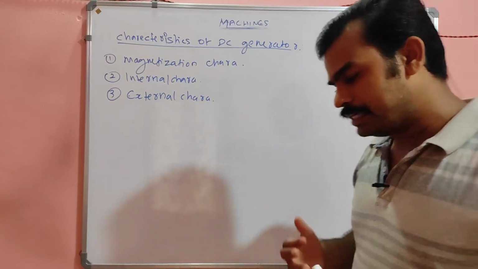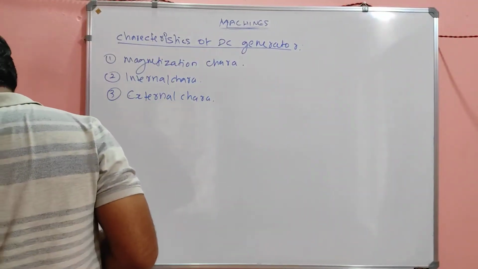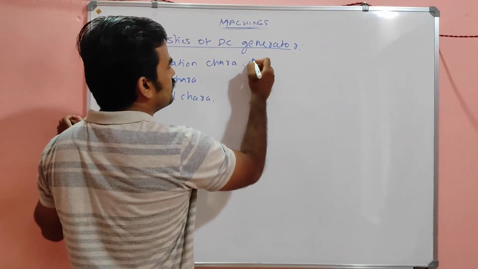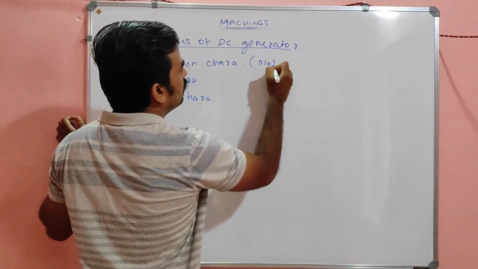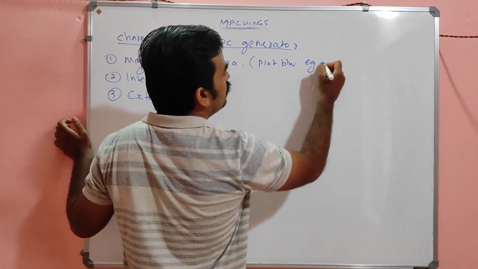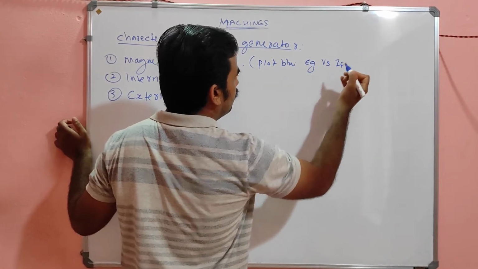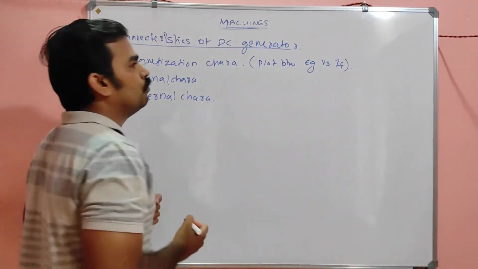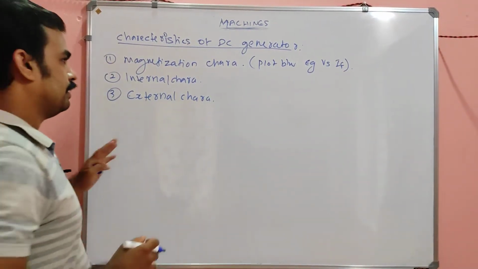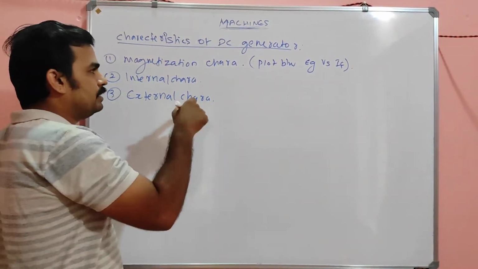So let's see what is meant by internal characteristics, or sorry, magnetization characteristics. Magnetization characteristics is nothing but a plot between generated voltage versus the field current. I will explain that.